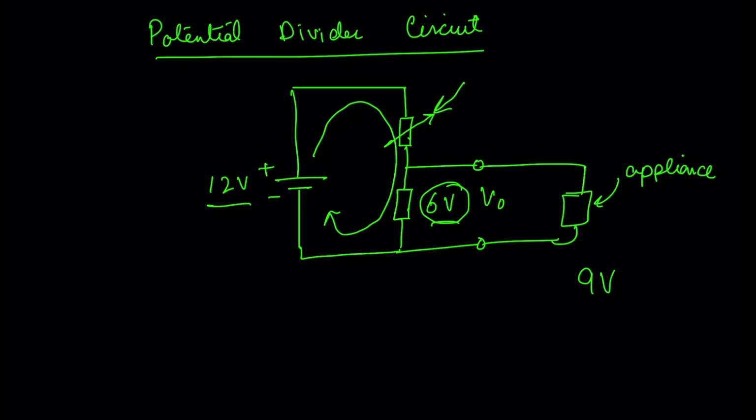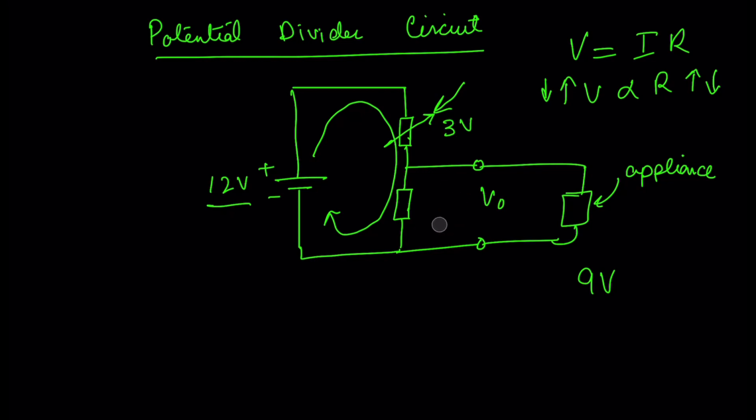Why? Because according to Ohm's law, V is equal to IR, or we can say V is directly proportional to R. If we have more resistance, the voltage drop will be more. If we have less resistance, the voltage drop will be less. So we want less voltage over here. We want 3 volts over here and 9 volts over here.